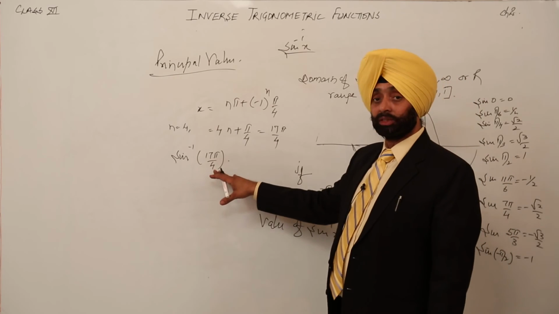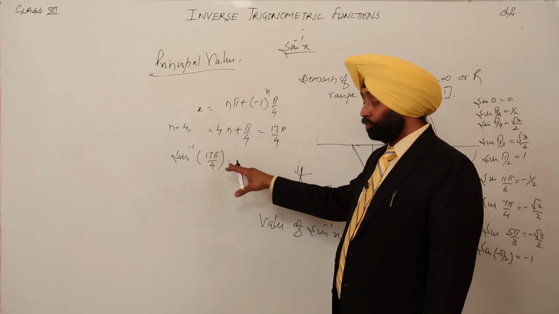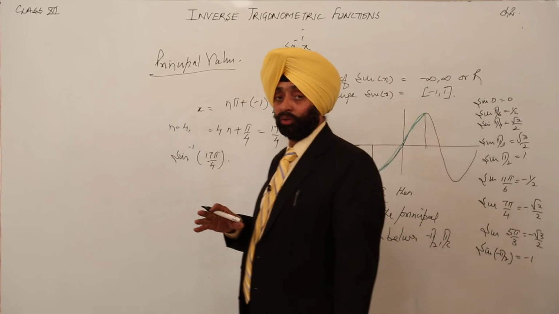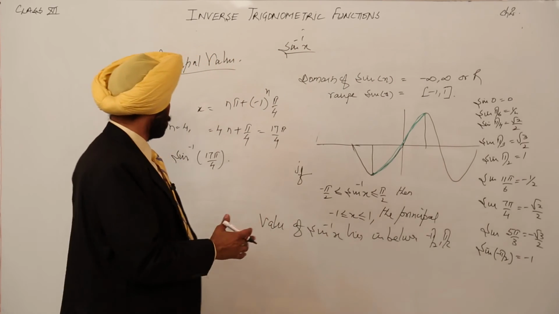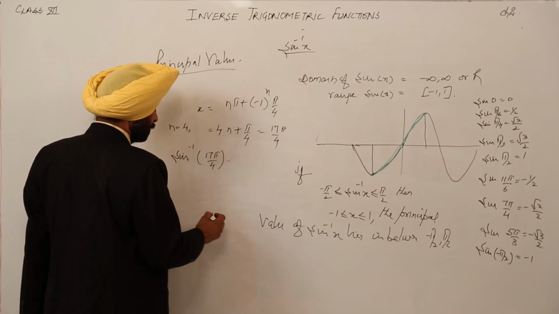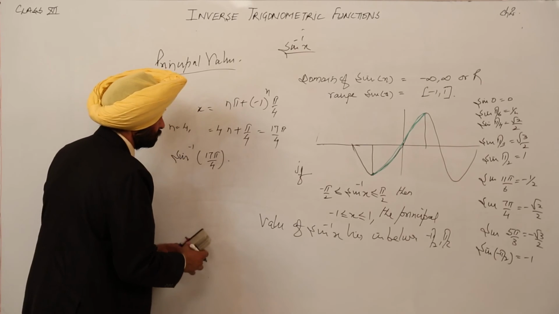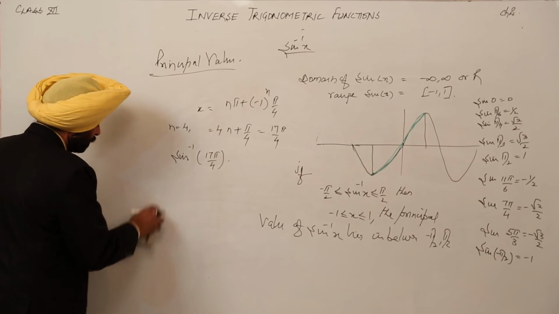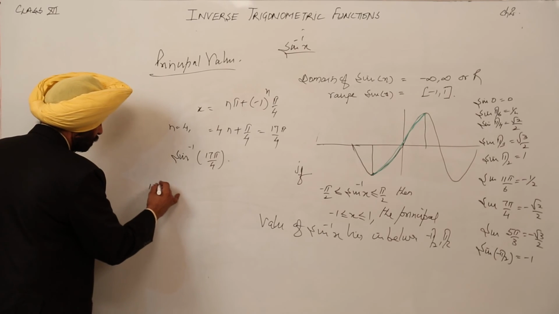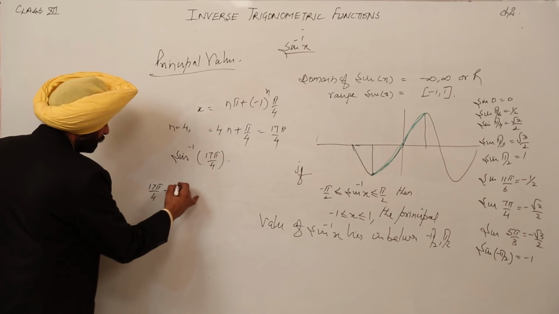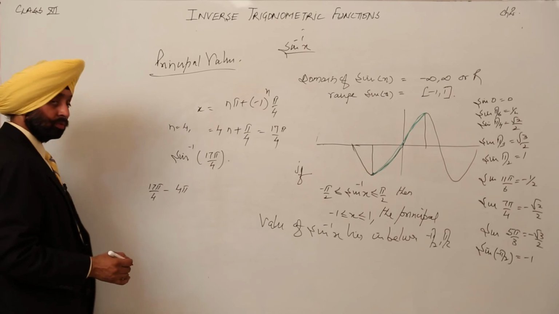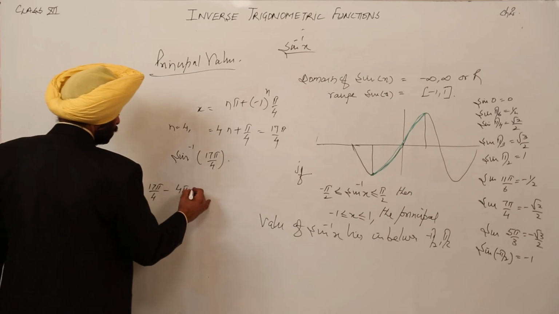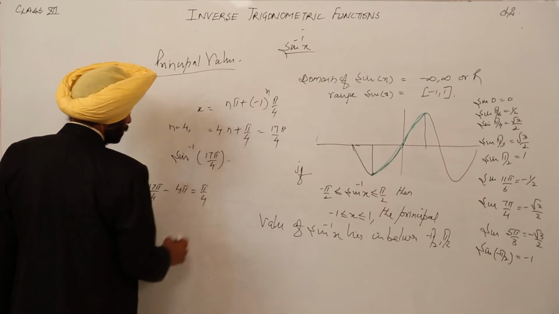So we have to first convert this into between minus pi by 2 and pi by 2, then only we can move it. Now 17 pi by 4, we are having 17 pi by 4 minus 4 pi. What are we getting? We are having pi by 4.